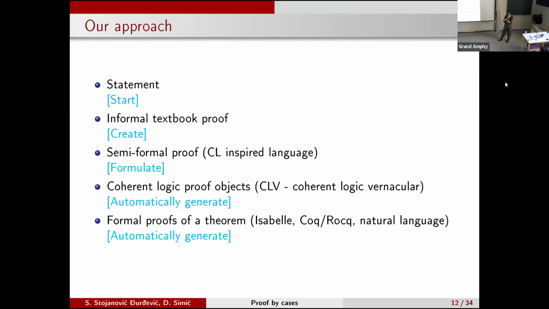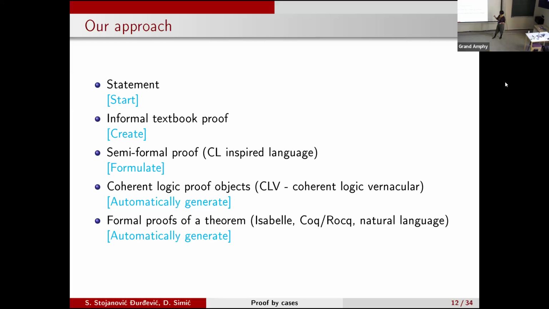I will give more detail later, just to draw a big picture: we can make automated theorem provers that are completely automatic and use coherent logic. Then, again completely automatically, we can generate formal proofs, or verification, in different interactive theorem provers.